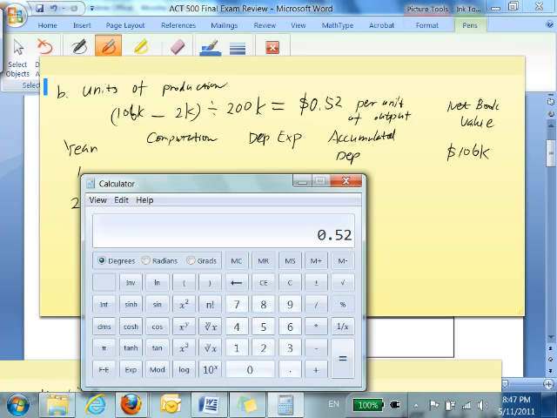So for each unit of output, the depreciation cost is $0.52.